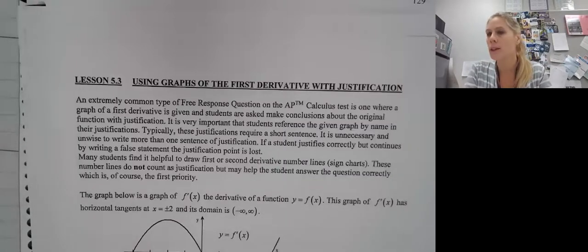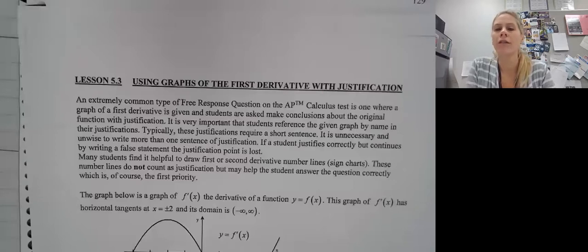Okay, so let me read this to you, and then we're going to go through not only how to find the answers, but then how to write it to justify. An extremely common type of free response question in the AP Calculus test is one where a graph of the first derivative, remember we talked about this in 5.2, is given, and students are asked to make conclusions about the original function with justification.